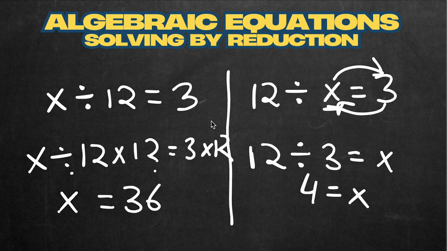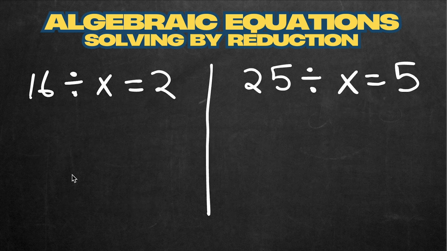Let's say it in the technical terms. When the variable is the dividend, you multiply both sides by the number which is the divisor. When the variable is the divisor, you just swap it with the other side of the equation. Simple, right? Let's look at one more example, because I know it could be slightly complicated.